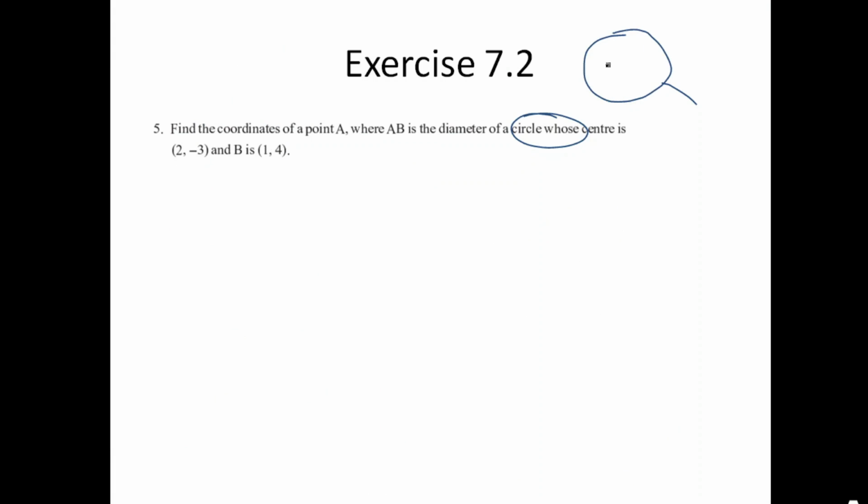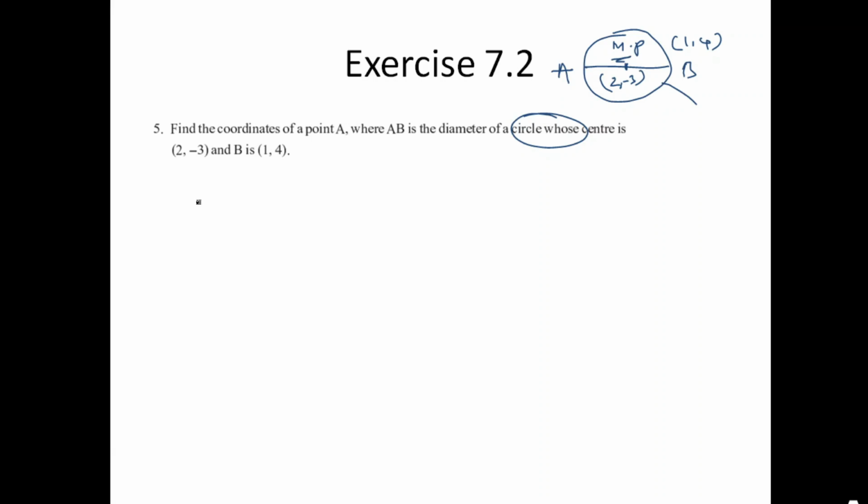Given over here, you have a circle of diameter AB, am I clear? Whose center is given, 2 comma minus 3, and then this is your value of B. Now you need to find the other end, that is, this A value, right? So this itself is your midpoint.